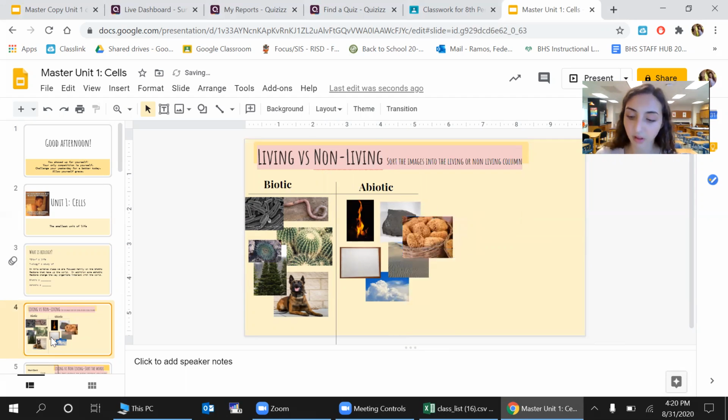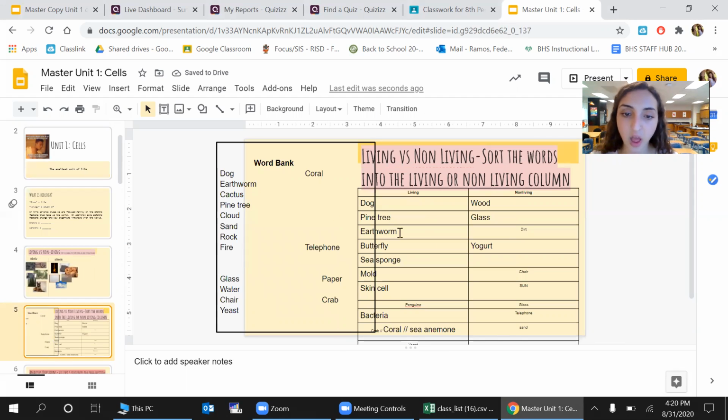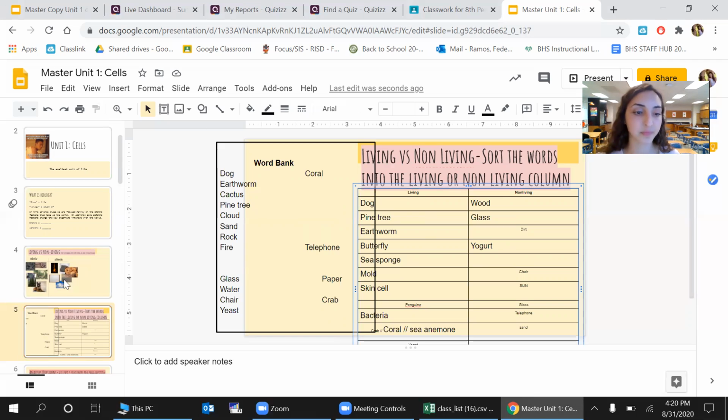However, in the following chart, one of the listed words was sea sponge. Since we did not give you any context, it would be considered alive, so you would place it under biotic factors.